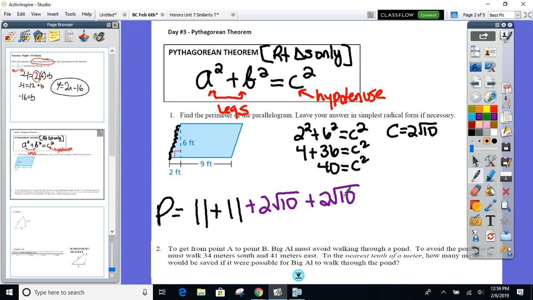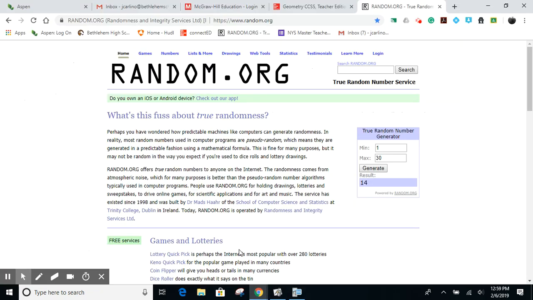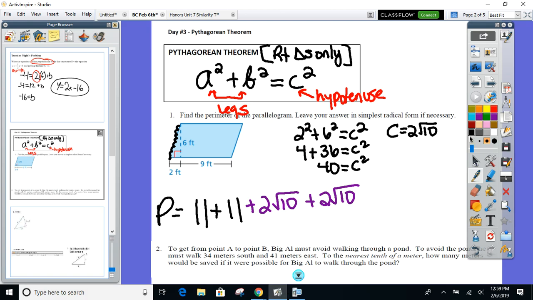You can't combine all 4. Give me something that you can combine, but not all 4. 11, something I can combine. You can combine the two 11s and get 22. What about the 2 radical 10s? 4 radical 10, yes, as long as what's underneath the radical is the same.